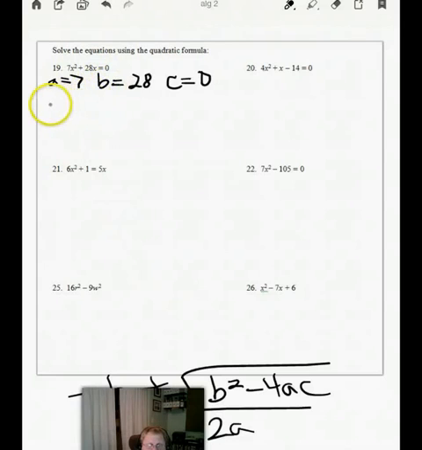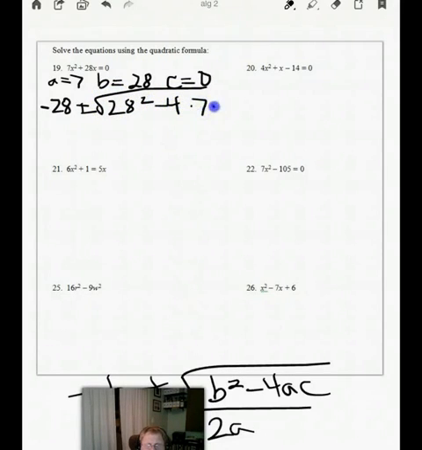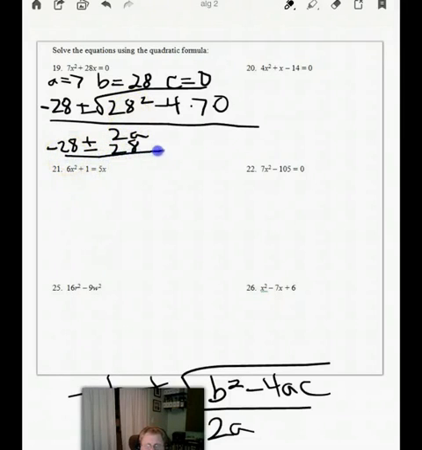So that's negative b, which is negative 28, plus or minus the square root of 28 squared minus 4 times 7 times 0. So that's going to knock that out. All divided by 2a. Now, if you think about this, it's taking the square root of 28 squared. That's just 28. So we got negative 28 plus or minus 28, all over 14, which is 2a.